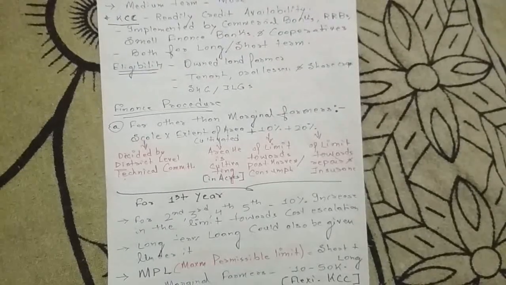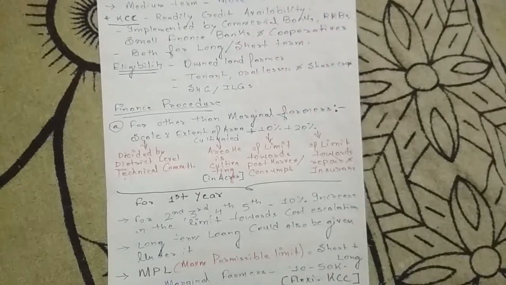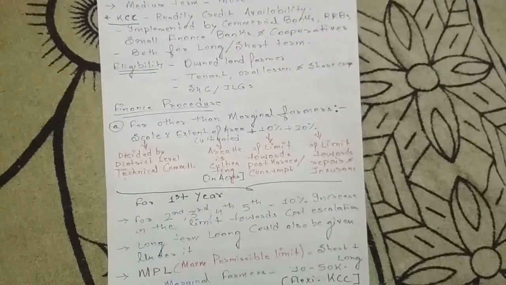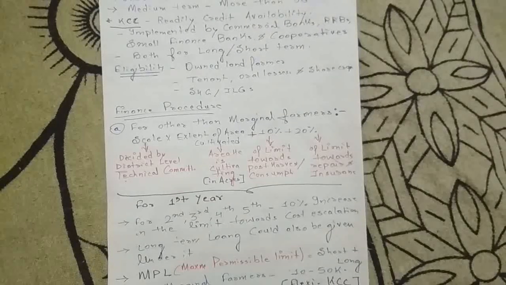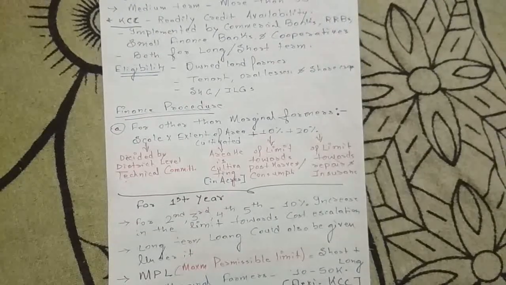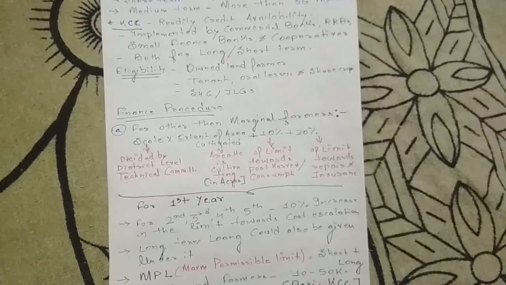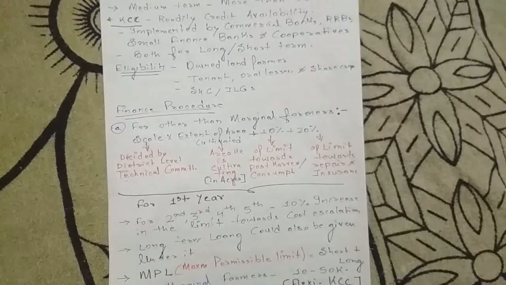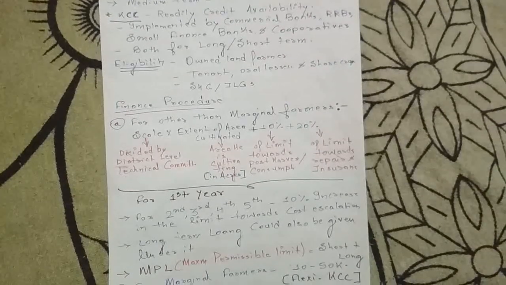And the scale is provided by a Government of India agency like the district level technical committee. It inspects the field of the area and finds the particular amount depending upon various conditions.